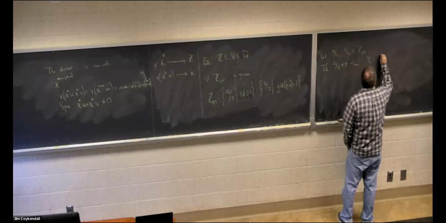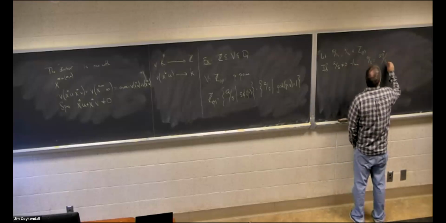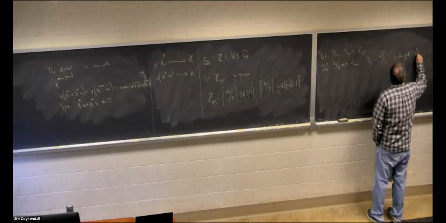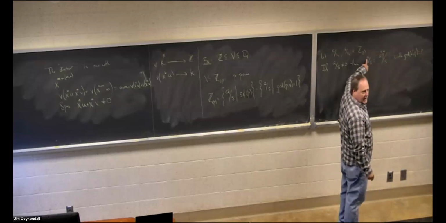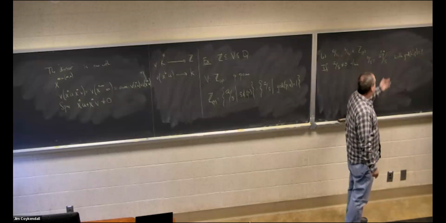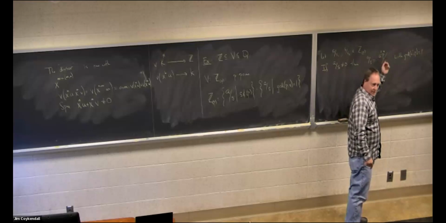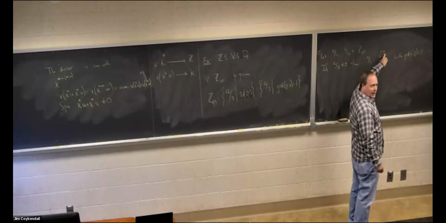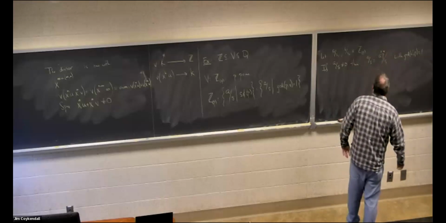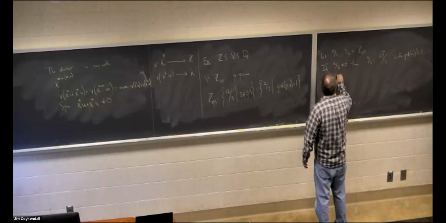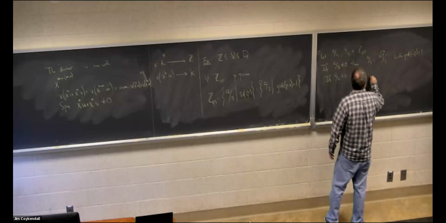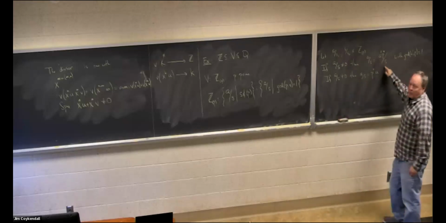If A over S is not 0, then A over S can be written as P to the n times A prime over S, with GCD of A prime and P equal to 1. The idea is you take A and pull out all the factors of P that you possibly can. Of course, n might be 0. Everybody agree with that? Your value is basically measuring how many factors of P. So the role of X was the value measure in the power series; P plays the same role here. So A over S can be written as P to the n times a unit, because A prime over S is a unit.